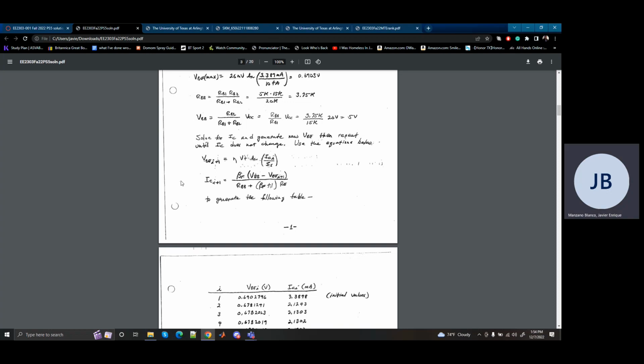You have to set an operating point. That's ICQ, your quiescent value, your operating point value. The maximum you could do, though, is if this was a short, if this had no voltage drop from here to here. Then it would be a short, and so the maximum collector current that could exist would be ICQ max.